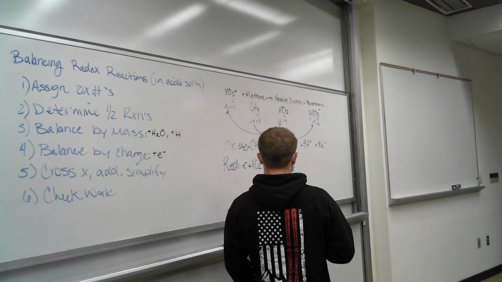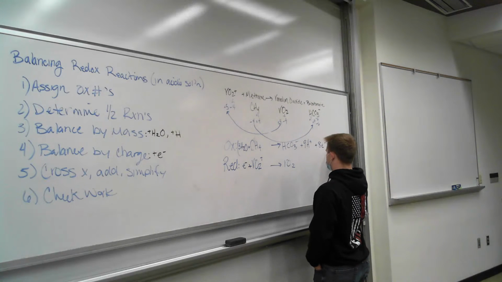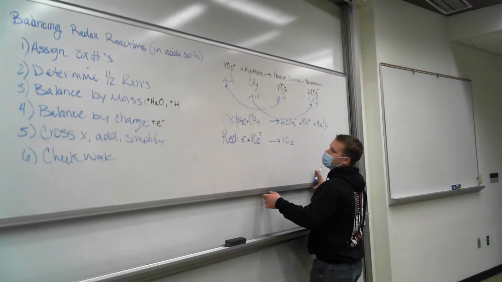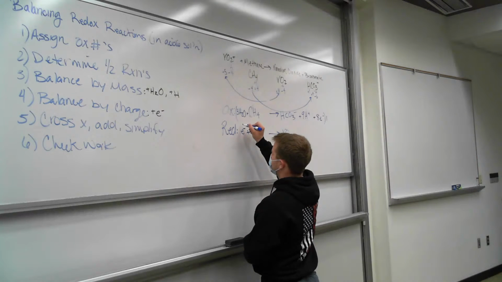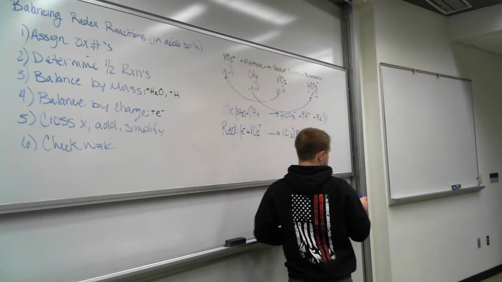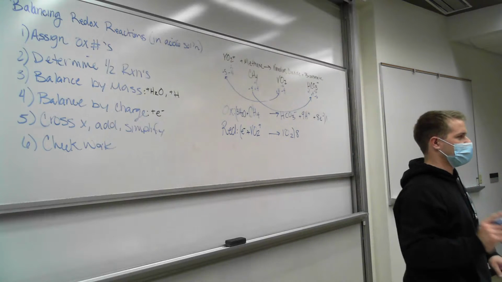Cross multiply. What are we going to multiply our first reaction by? 1, because here we have 1 electron. What about our second reaction? By 8. Does that make sense to everyone? We want to end up with the same number of electrons on both sides.